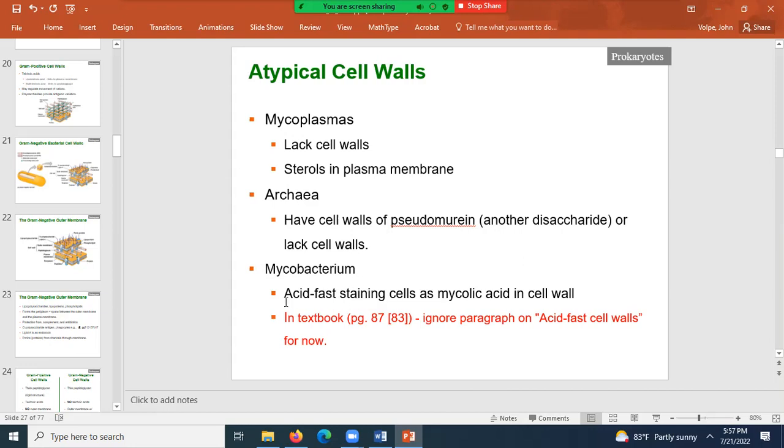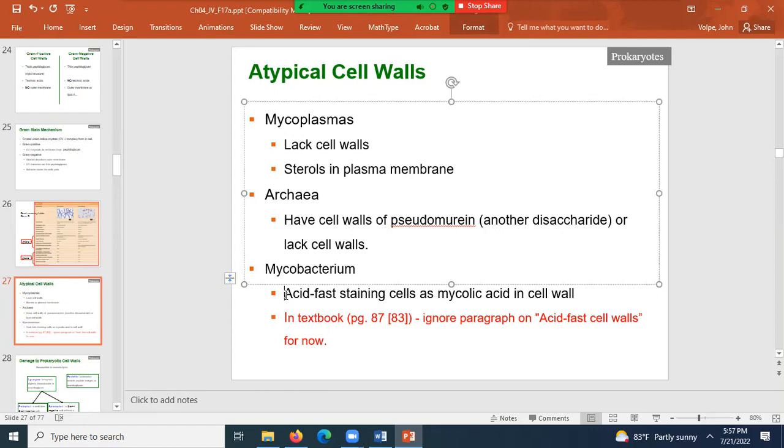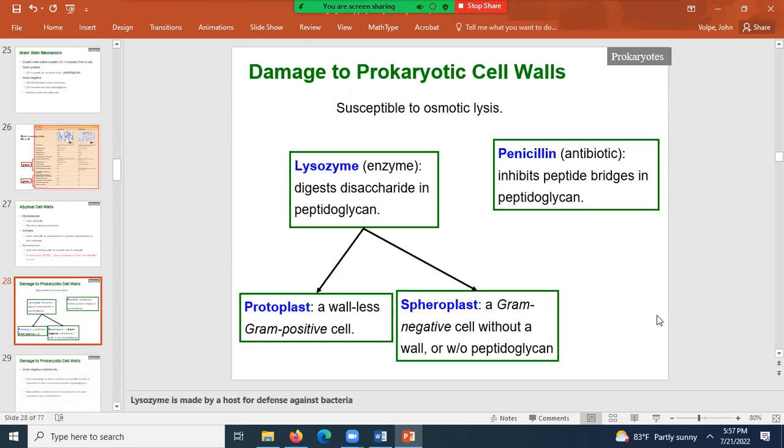And so the cells will stain positively for acid-fast. And other cells that don't have the mycolic acid will stain negative for the acid-fast stain. We talked a little bit more about that in the lab, and I think we'll talk about it a little more in a future lab. Any questions about the atypical cell walls? All right, let's move on.